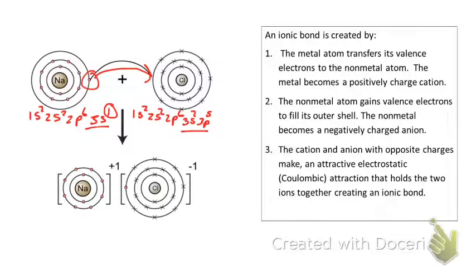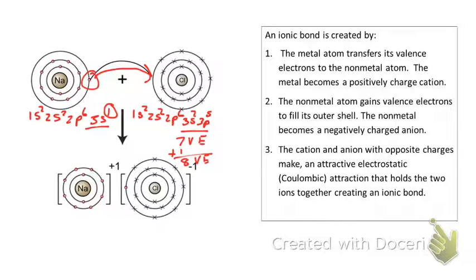And right now, chlorine has 7 valence electrons. But in order to get a complete full shell, chlorine needs to get 1 more electron. And so when it takes that 1 electron from sodium and picks it up, it adds 1 more electron, giving chlorine a total of 8 valence electrons, and that completes the octet for chlorine. That will make chlorine happy because it has a complete full shell once it takes that electron.